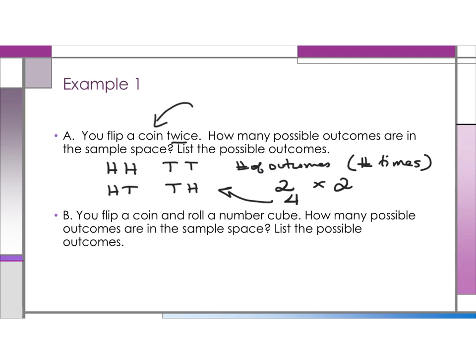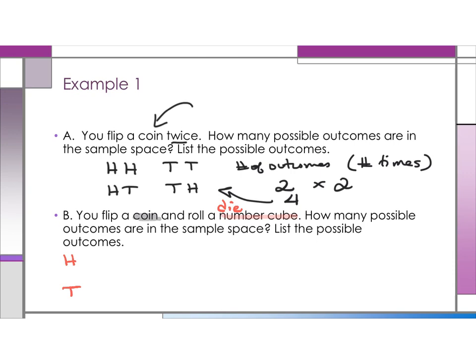The next one says you're flipping a coin and we're also rolling a number cube. So again, when you see the word number cube, think of just rolling a die. It says how many possible outcomes are in the sample space and to list them. Well, we know when we flip a coin, we're either going to get a head or a tail.